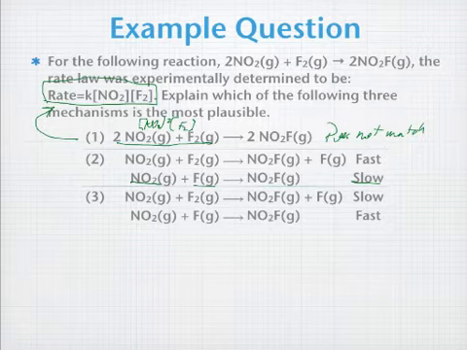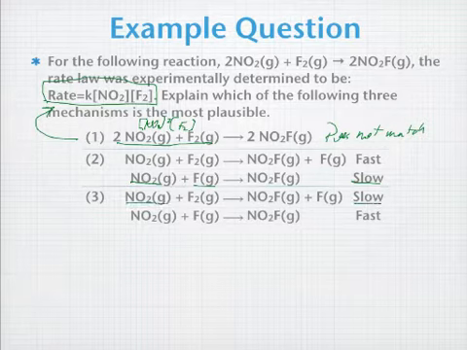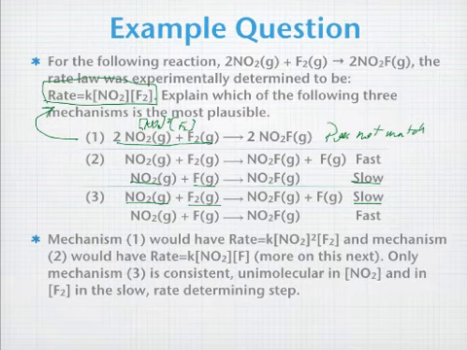And since we don't have a reactant F in the rate law, this doesn't match. And in the third possible reaction, we have unimolecular in NO2, unimolecular in F2, and so this particular mechanism does match. This third mechanism does match the rate law.